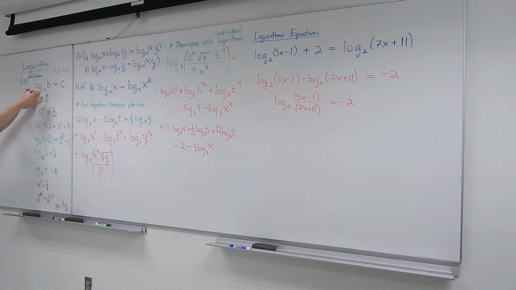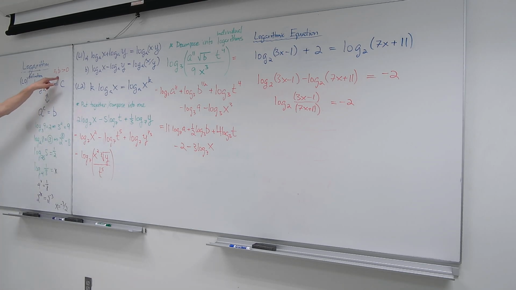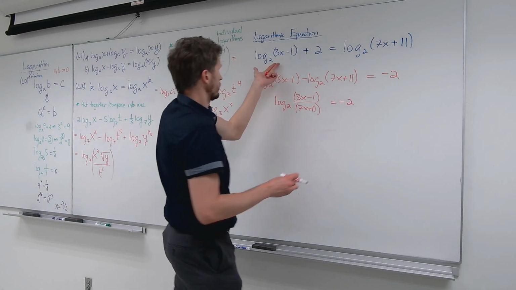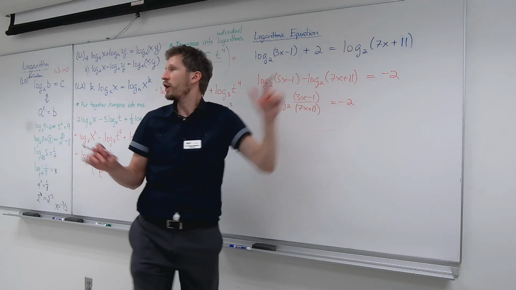If they're not greater than 0, stop right there. That number doesn't work. Error. A and b are greater than 0, not even 0, but greater, and c can be negative. So these numbers better be greater than 0. We have to check later to see.